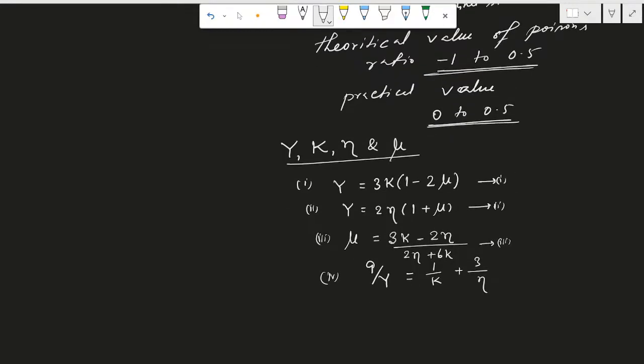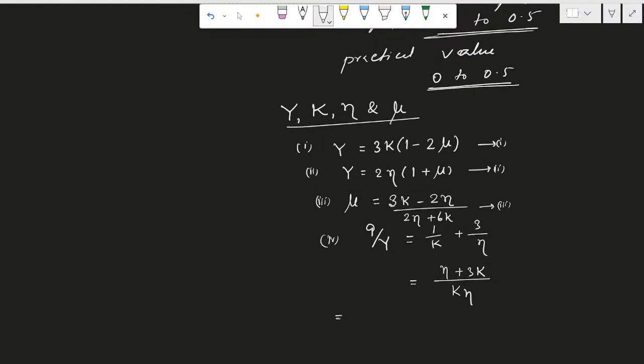Now you can basically make it in this way, K eta, and this is eta plus 3K, and therefore this, because here it is 9 by Y, so this you can multiply over there.